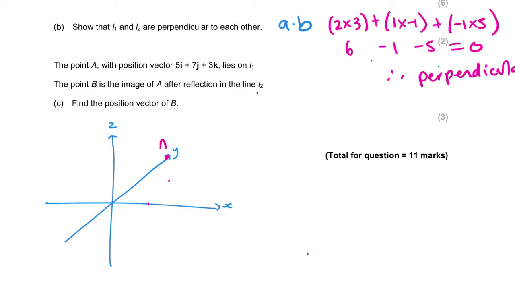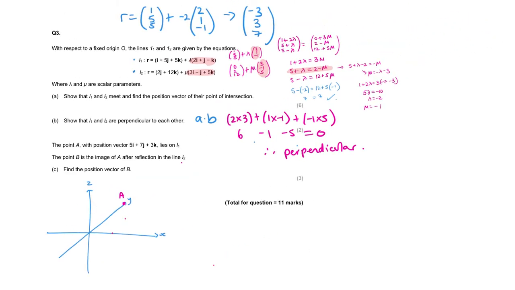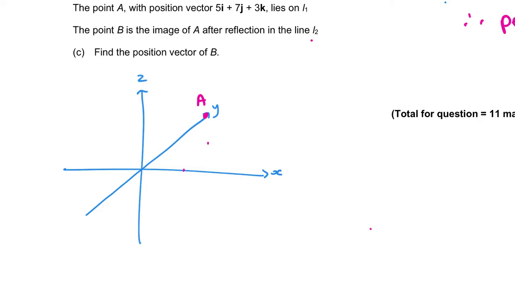So this is point A. We then have the line (1, 5, 5) plus, and it'd be really good to see where they cross, (minus 3, 3, 7). So they cross here.